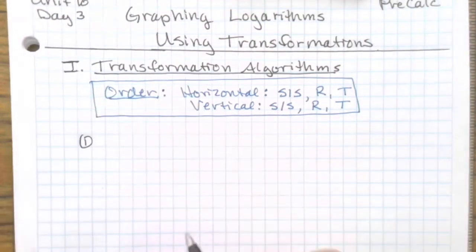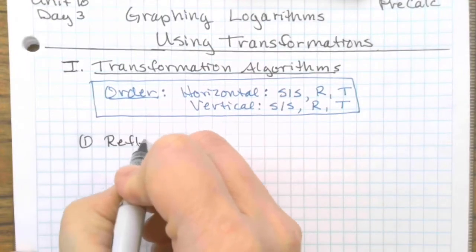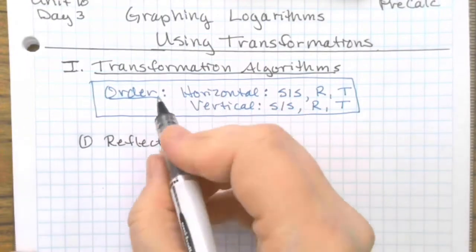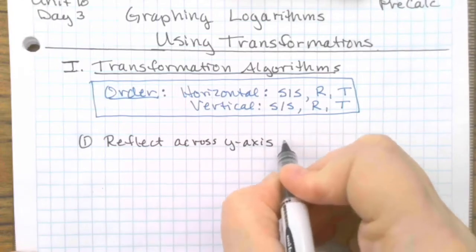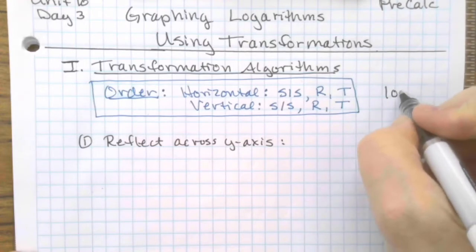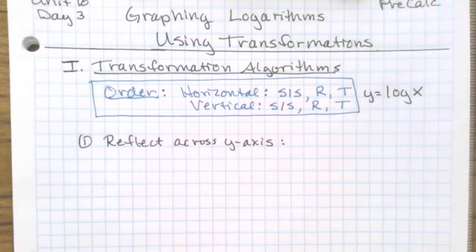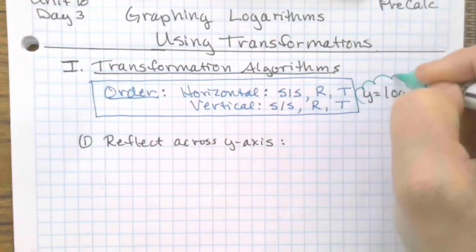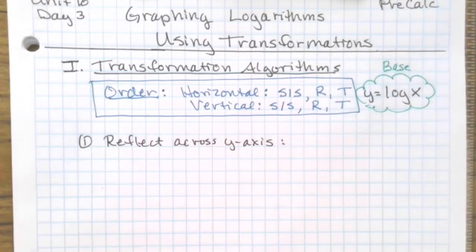Okay, so number one, if you want to reflect across the y-axis, and let's say that your base log is just y equals log x. We're just going to assume base 10 to keep it simple. So that's your base expression.